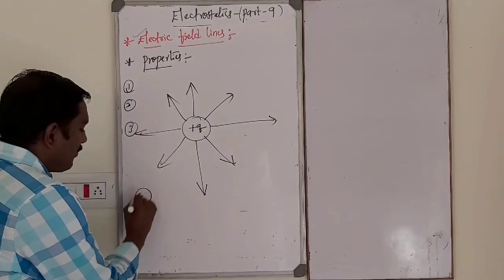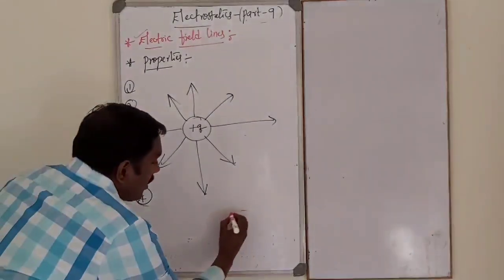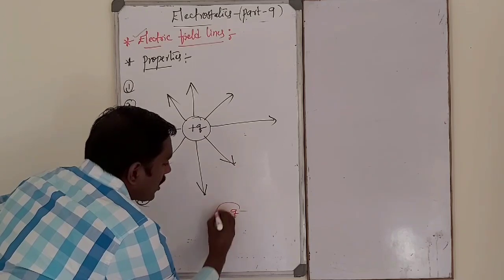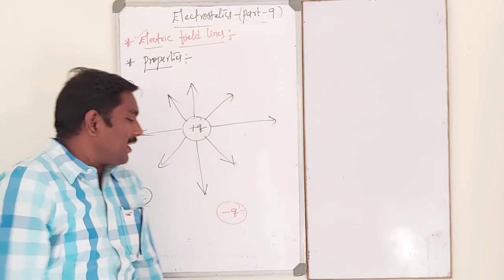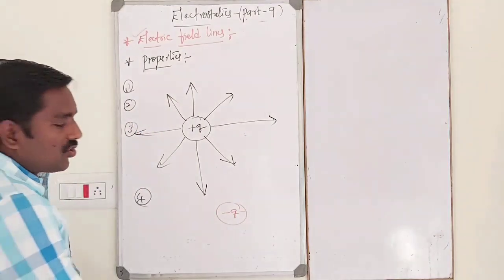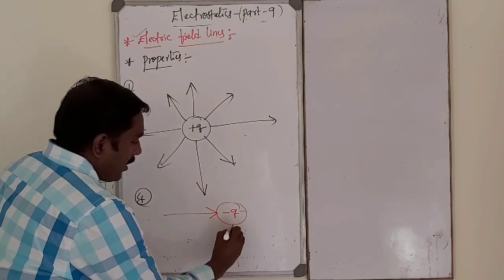Next, the fourth one. In case of an isolated negative charge, the electric field line starts from infinity and ends at the negative charge, like this.